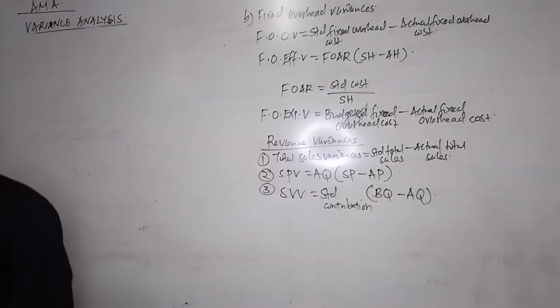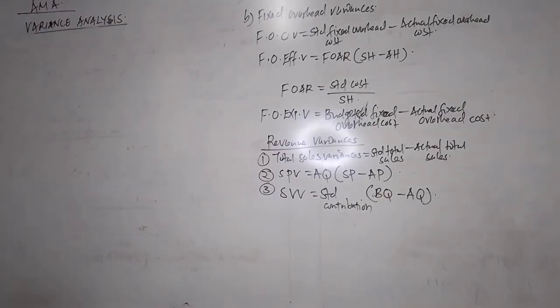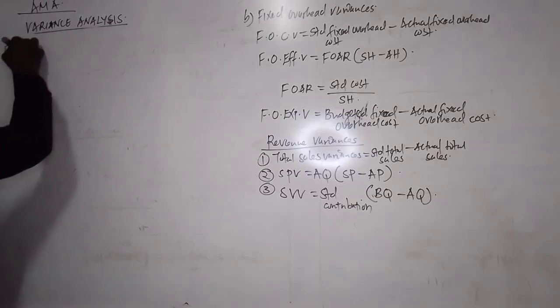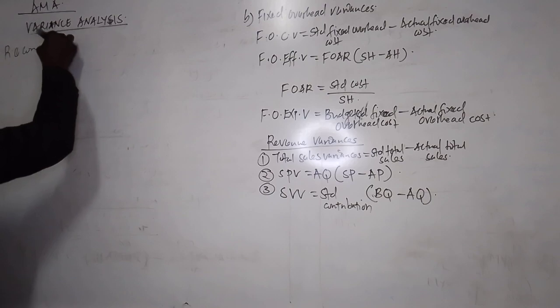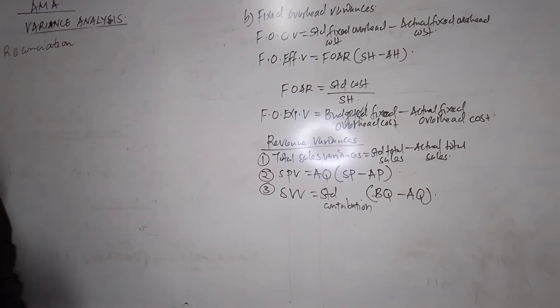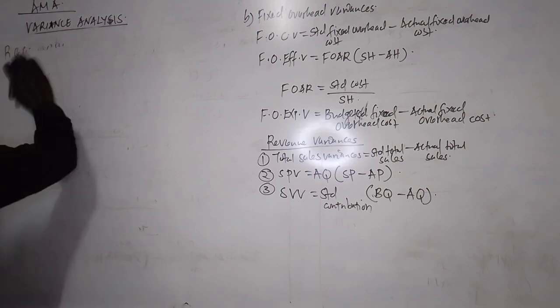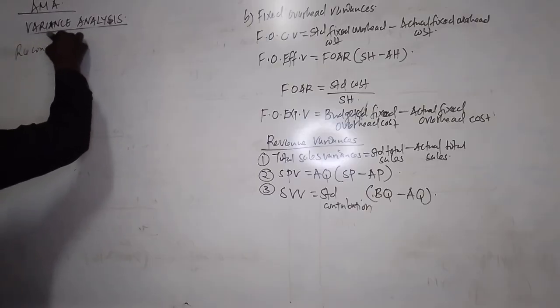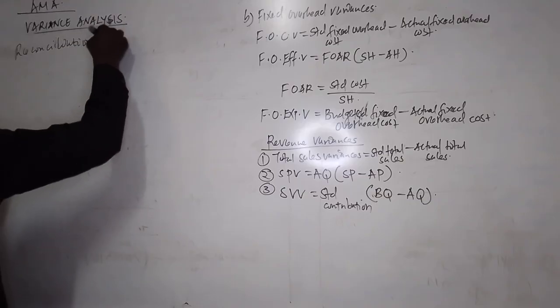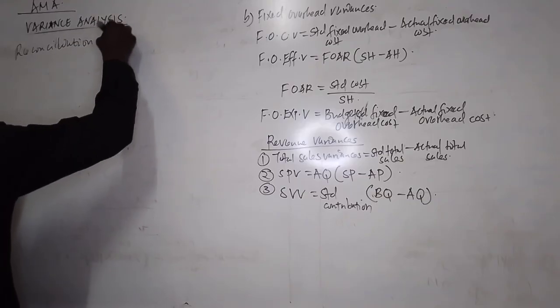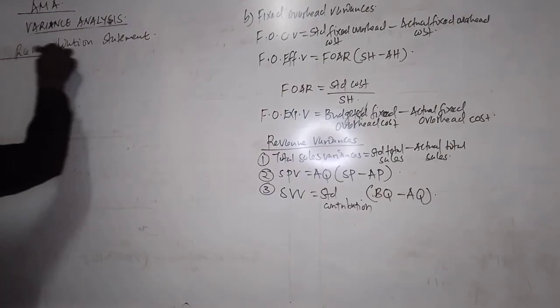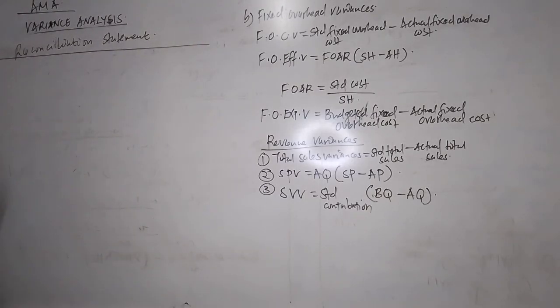So under variance analysis, other than these formulas, we have what we call the reconciliation statement. So how are we going to reconcile our statement using variance analysis?